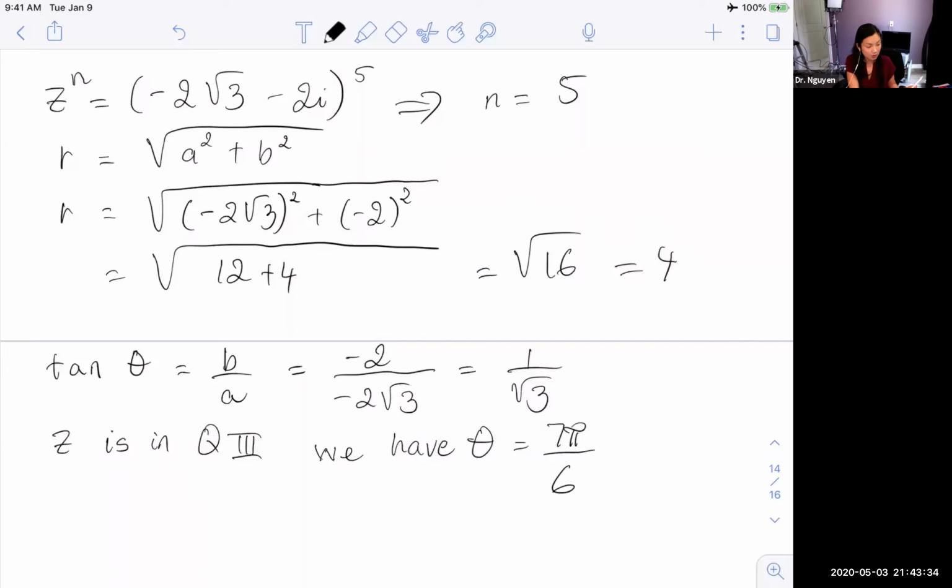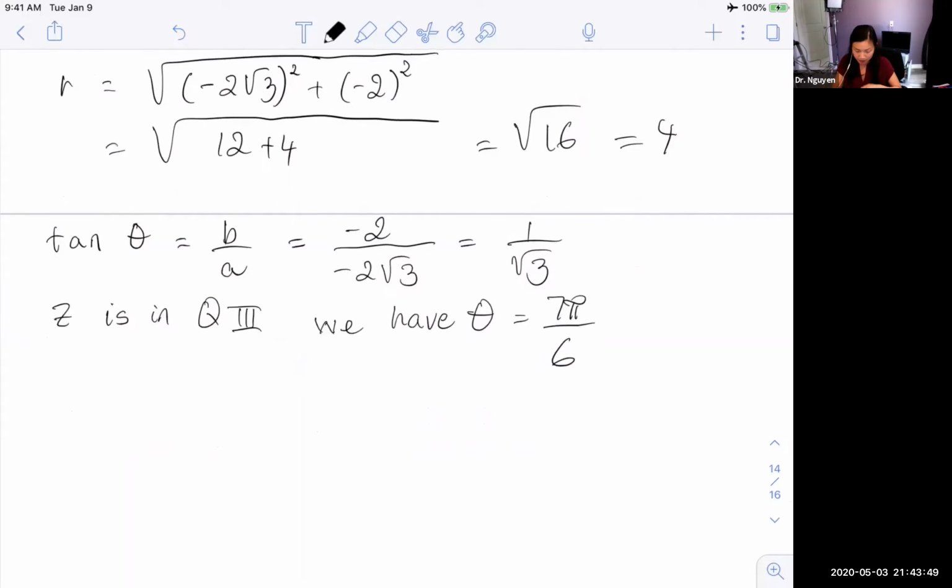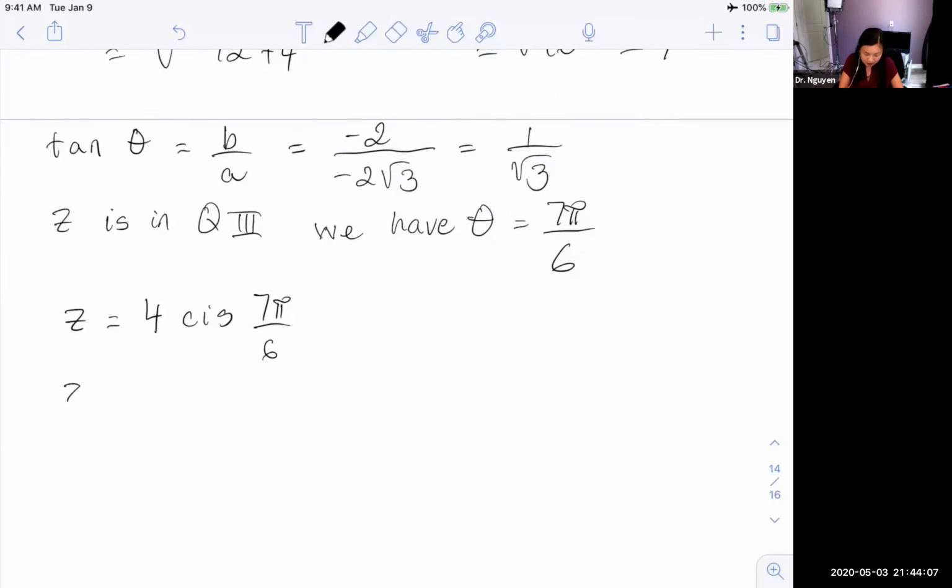Okay, now I'm ready to plug it in. Anyway, let me just write z first. So z is, r is 4, and theta is seven pi over 6. Okay, so we take z to the fifth power.